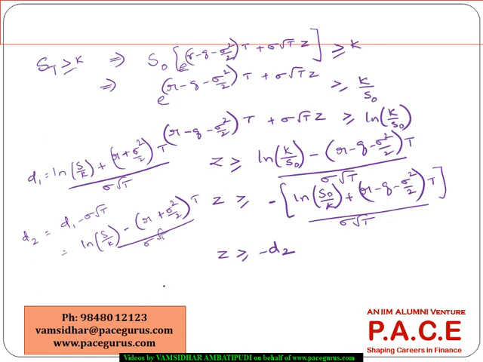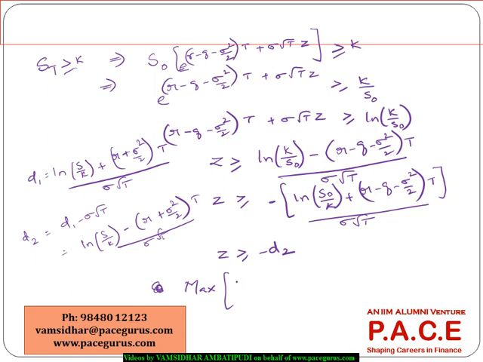I can very well say now that for the call option the value is the maximum of ST minus K. Now what is ST here?